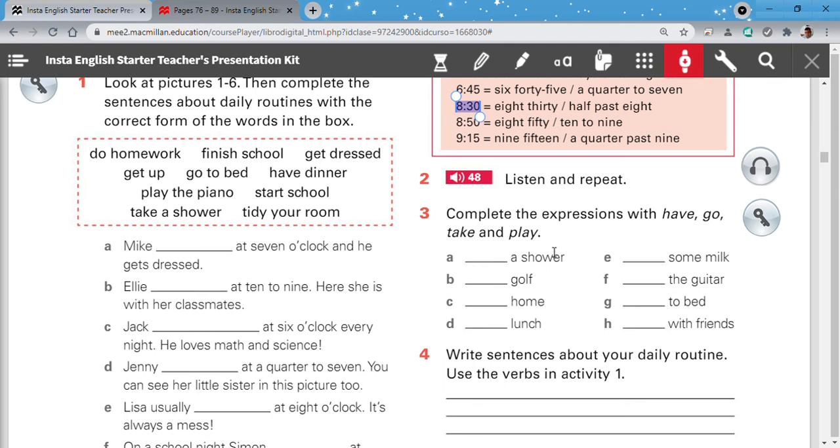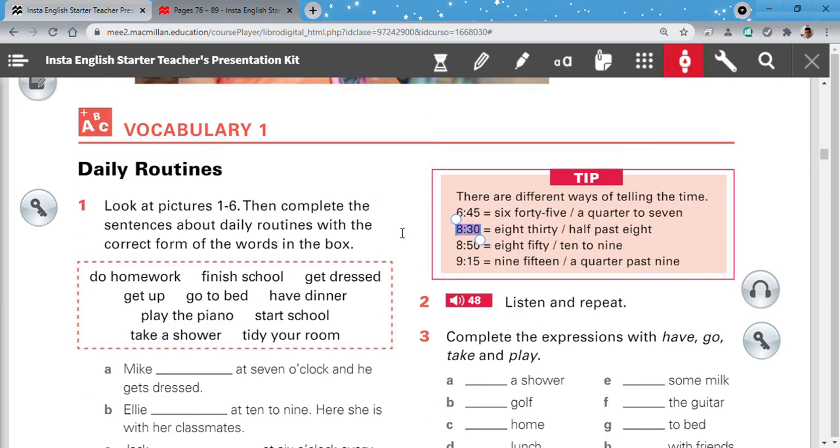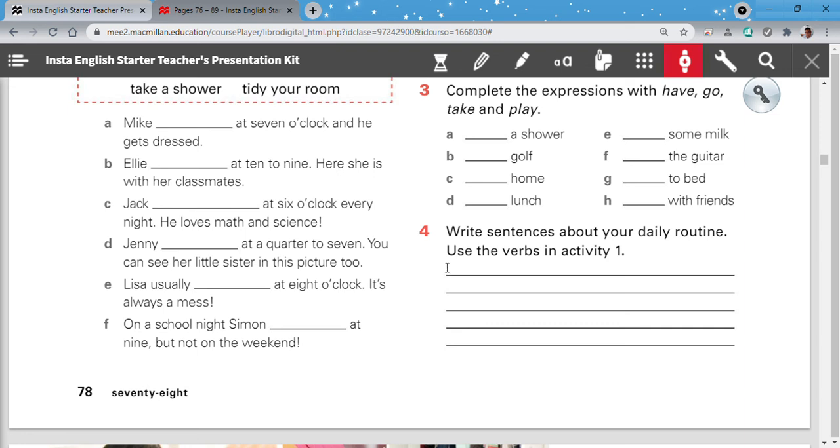In number 4, it's a personal activity. So what do you have to do? Write sentences about your daily routine. Use the verbs in activity 1. In this case, you're going to tell the class or the teacher the time and the activity you do.